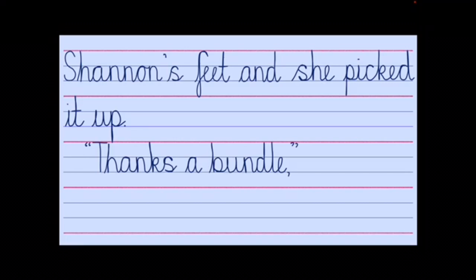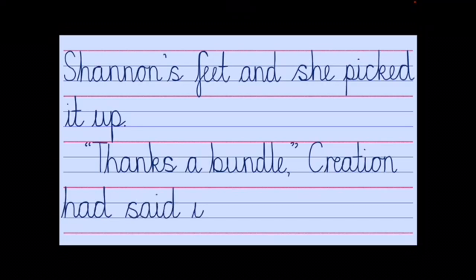And a comma, because we go on to say, who said it? Creation had said in an emotional tone.